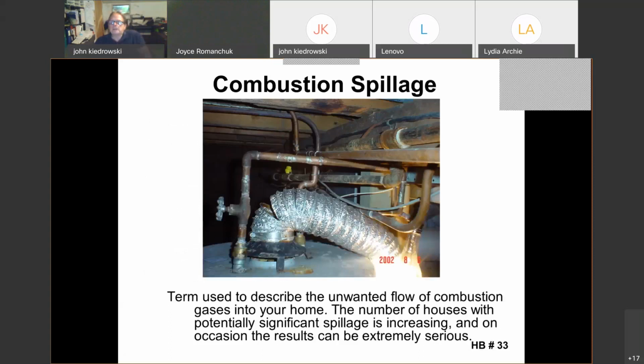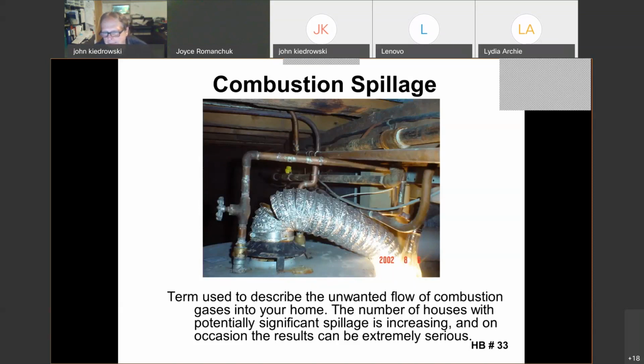So, combustion spillage. We've been talking a little bit about combustion spillage here, and here again is another picture, a 2002 inspection I was doing, and this is the top of a water heater. Now, number one, the vent system here is obviously cracked and open.